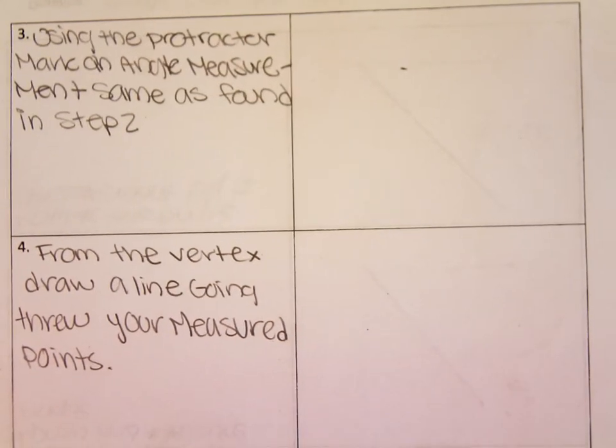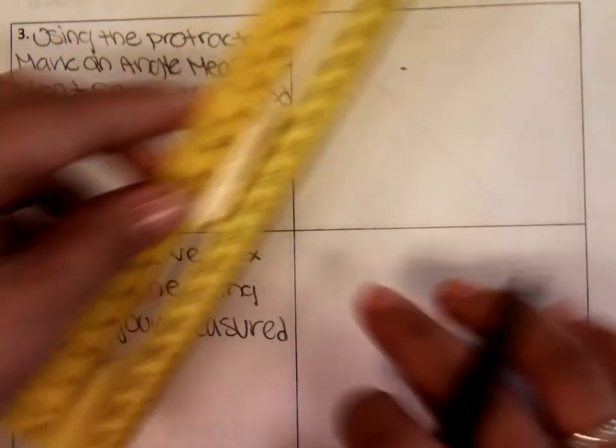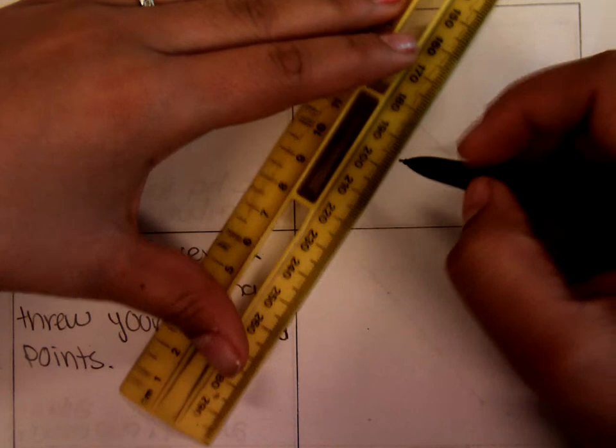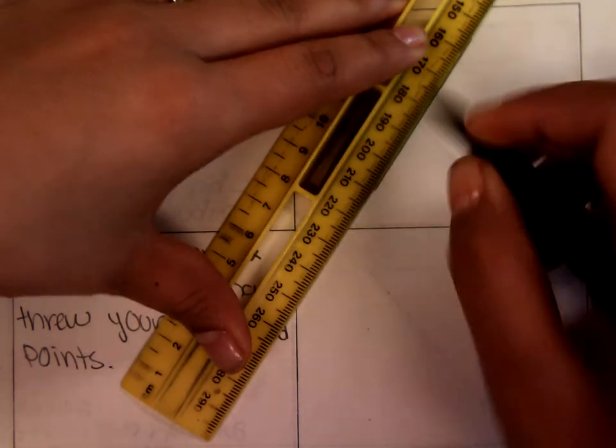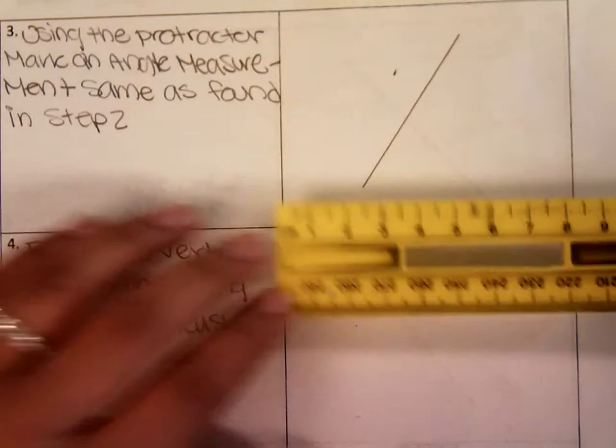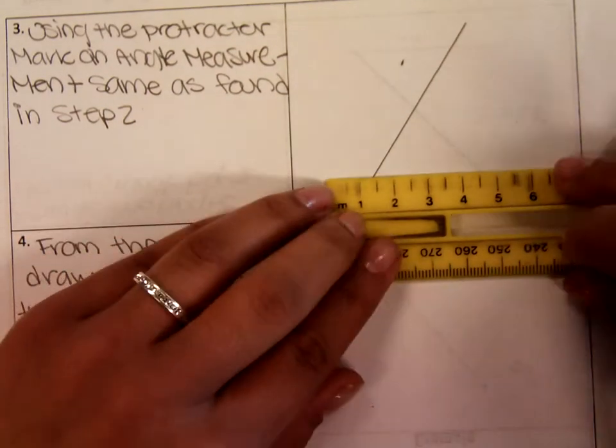Step 3. Using the protractor, mark an angle measurement, same as found in step 2. So just like in step 1, she is drawing an angle.